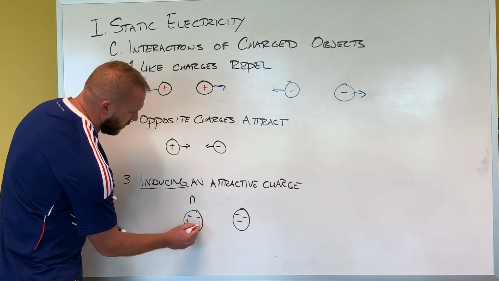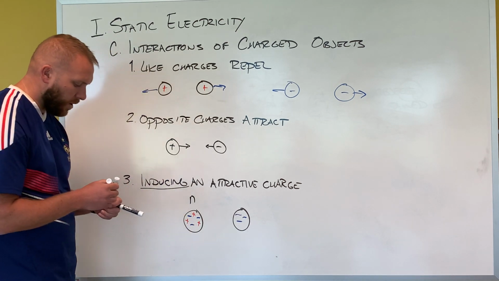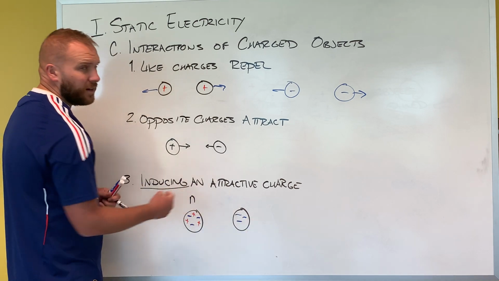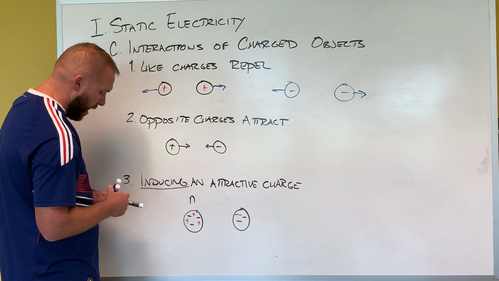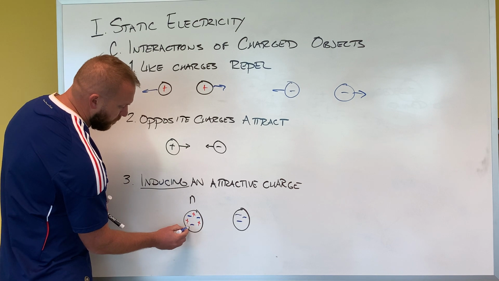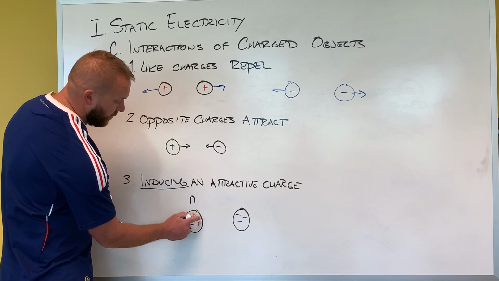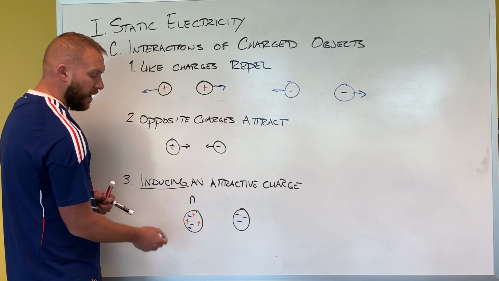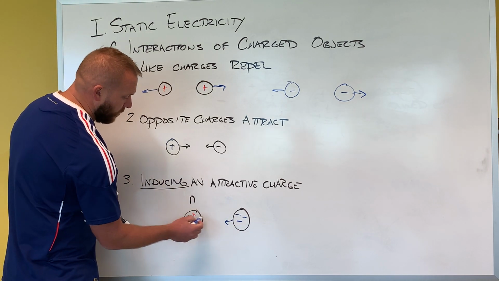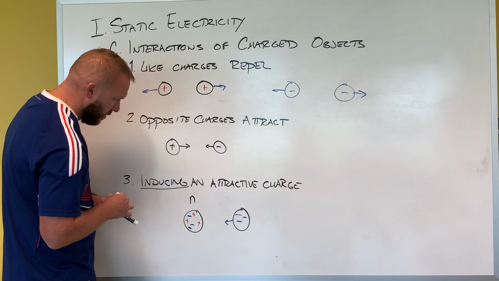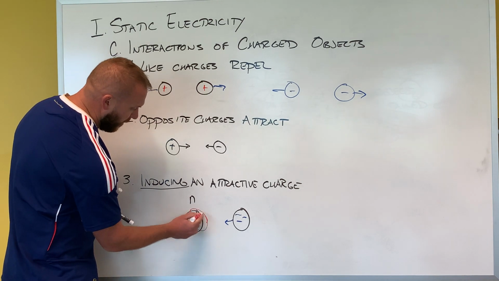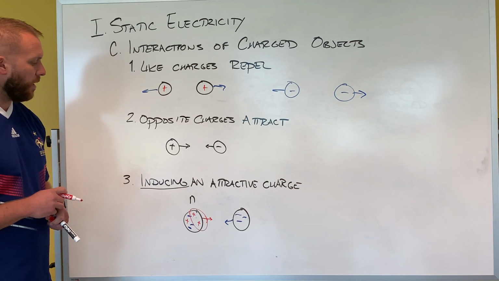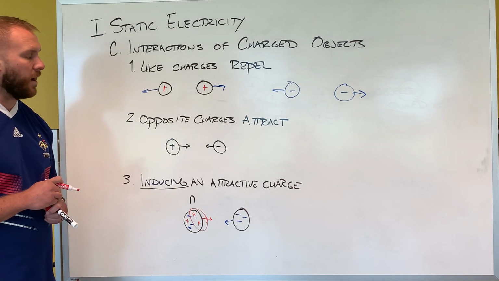So to induce, if we were to bring this negatively charged object close, these electrons would actually be repelled because they're like charges. They would be repelled to the other side, and this section here is left positive, and we could get an attractive interaction there.